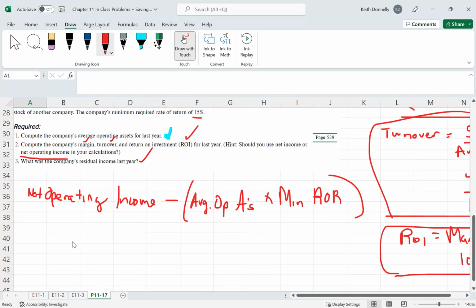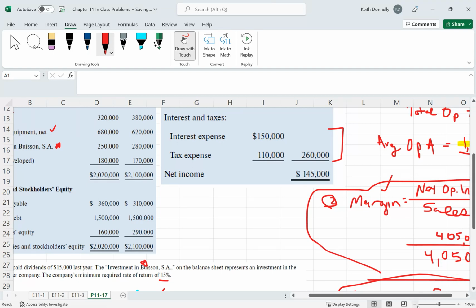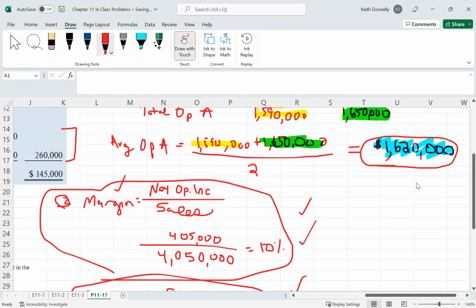Right, so we'll have 405,000. And then in this case, our average operating assets, let's see, we can grab that from up here. 1620, okay.